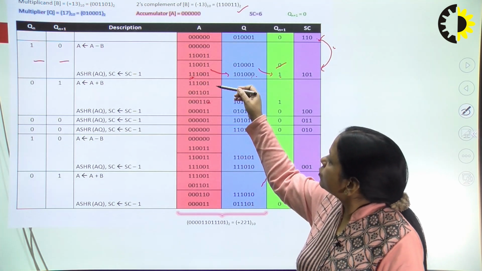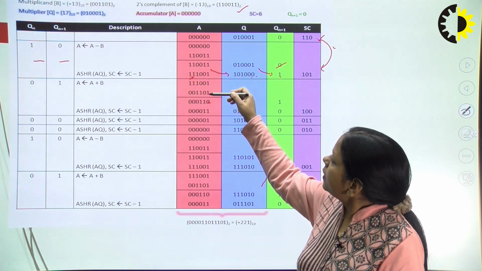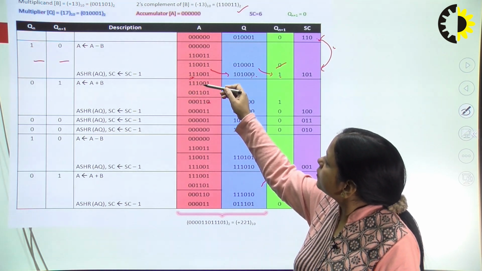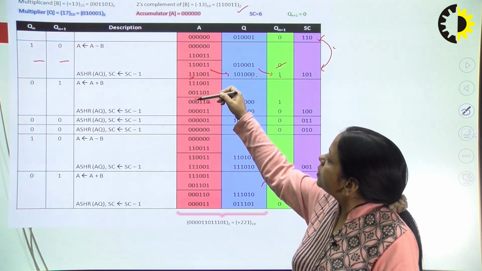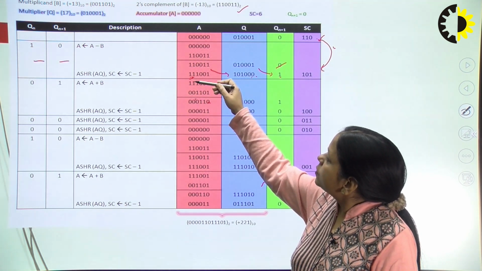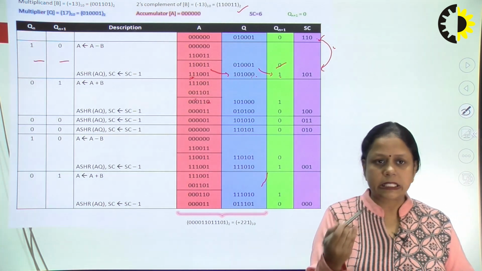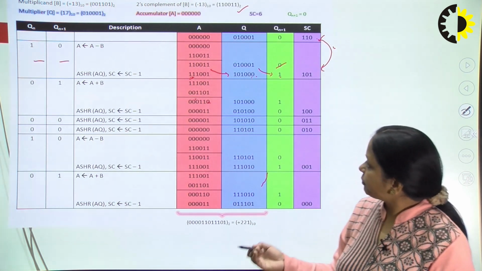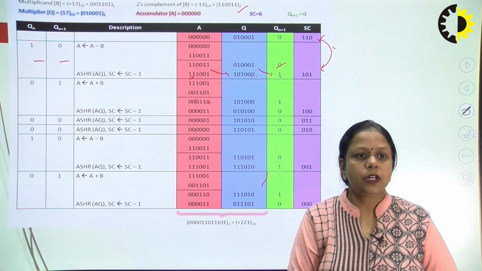We will add these two values. 1 plus 1 is 0, carry 1, 0 plus 1, 1, 1 plus 1, 0, carry 1, 1 plus 1, 0, carry 1, 1 plus 1, 0, carry 1. And the carry bit will be discarded here. Fine. Now, the next step is arithmetic shift right.